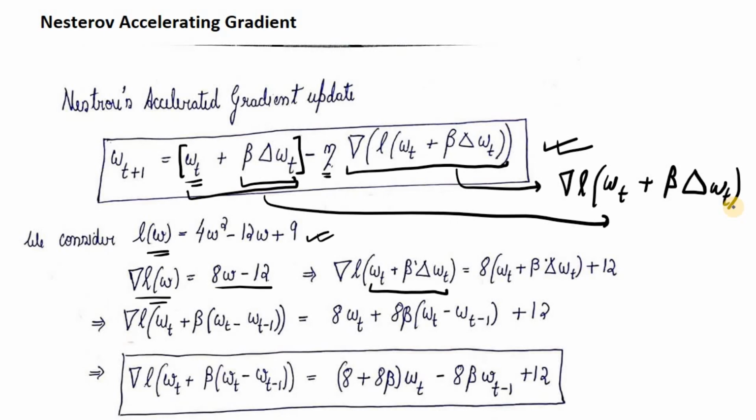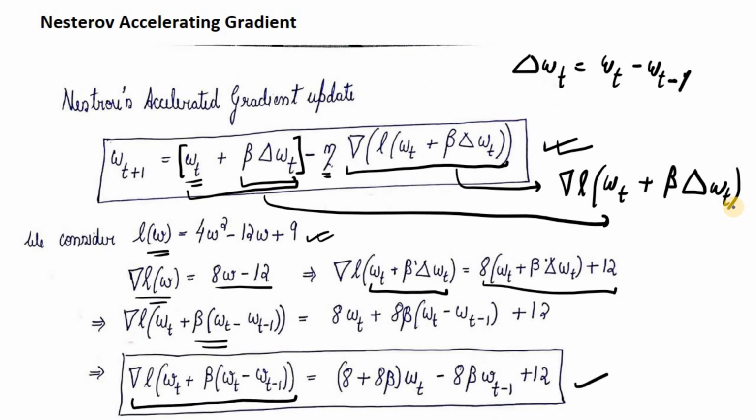We get this as an outcome because W is replaced with this term. Now we use the fact that delta Wt is equal to Wt minus Wt-1 in this term, and we solve it further to get the loss term as this.